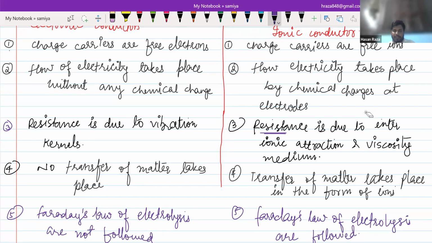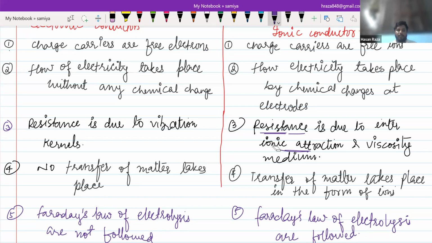It will reduce its speed, Rim. Yes, sir. So that's why resistance, the property which resists the flow of charge, is due to interionic attraction. The first point is interionic attraction.